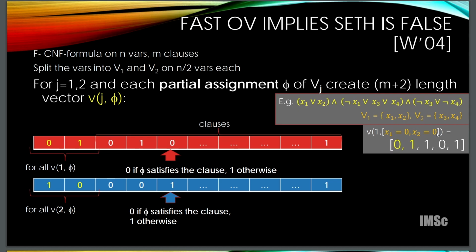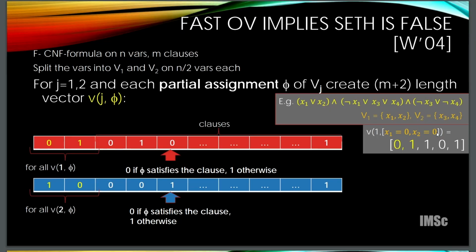When you create the instance, you create them. And in fact, you can make the problem even more specific: I have 2 sets of vectors, and check whether somebody from here and somebody from here are orthogonal. That is all.